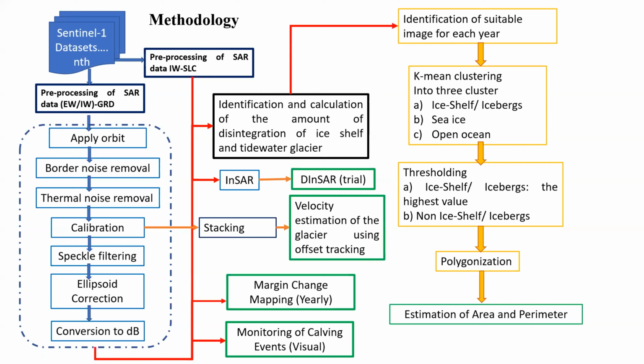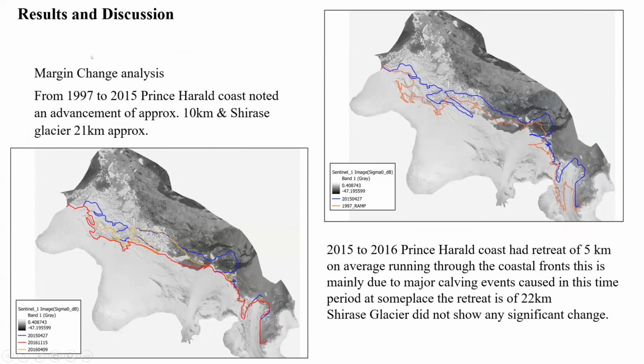So 1 shows the ice part, and we calculated the area of that part. Then thresholding, and after polygonizing them, area estimation and parameters. I'll discuss this in a later part. And then the results.